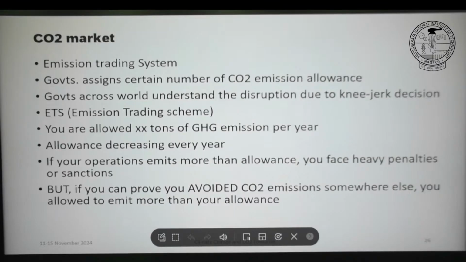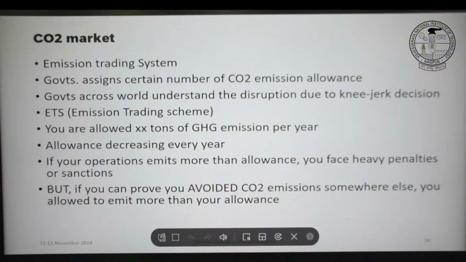So cement is a good example of industries where there are absolutely no other choices available, until they find a replacement for limestone. As long as you want to produce cement, you need limestone. As long as you are using limestone, you are releasing CO2. So there is no choice.